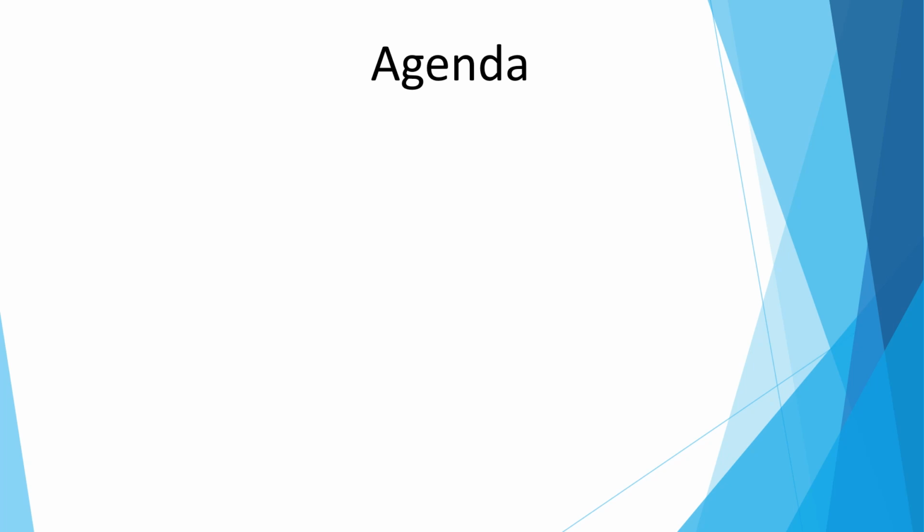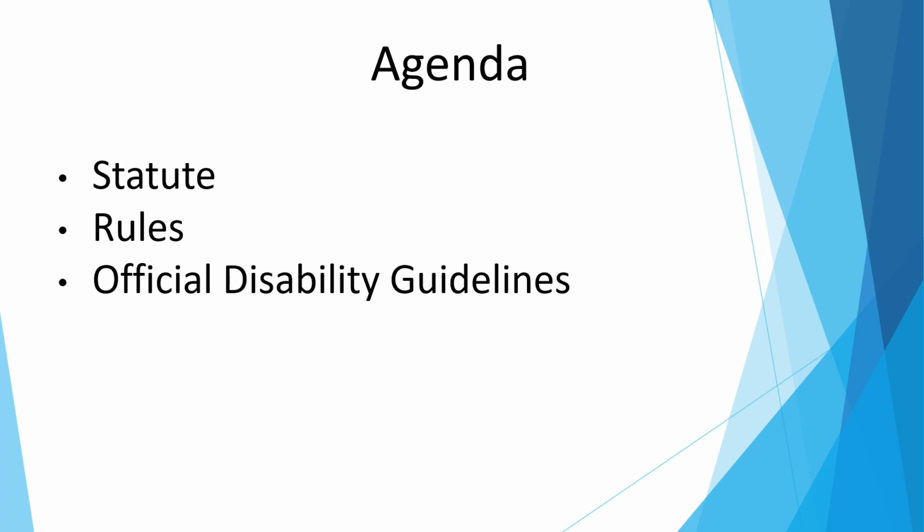The goal today is to improve your knowledge and understanding of the Commission's treatment guidelines. In order to do that, I'm going to review the following. First, I'll talk about the statute specific to the treatment injured workers should receive in the state of Arizona. I'm going to also review the rules that were developed to ensure that injured workers receive appropriate treatment. I'm going to talk about the Official Disability Guidelines, or ODG, as many of us know.